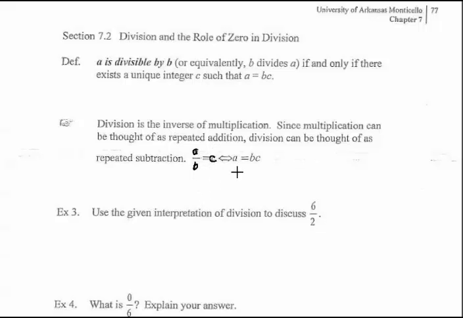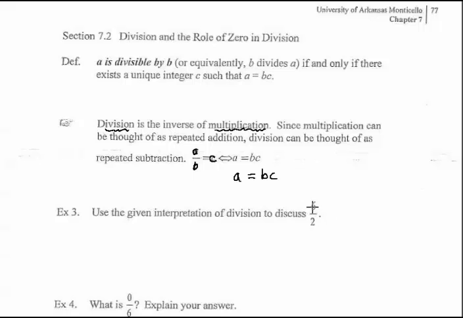Well, we can just simply use the fact that multiplication is the opposite operation of division, and we simply just say, well, B divides A and we get C, because if we take B and multiply it times C, we get A.